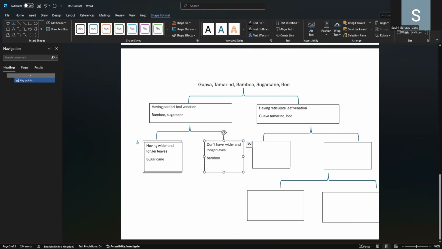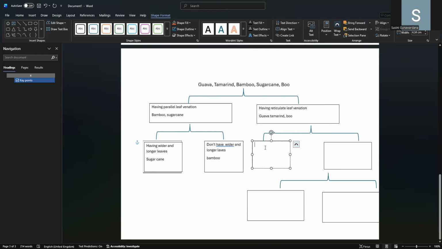Okay. Here, what are the remaining ones? Guava, tamarind, and bo. We'll see how we are going to divide it. Yeah, having compound leaves and don't have compound leaves. Like that way you can divide.